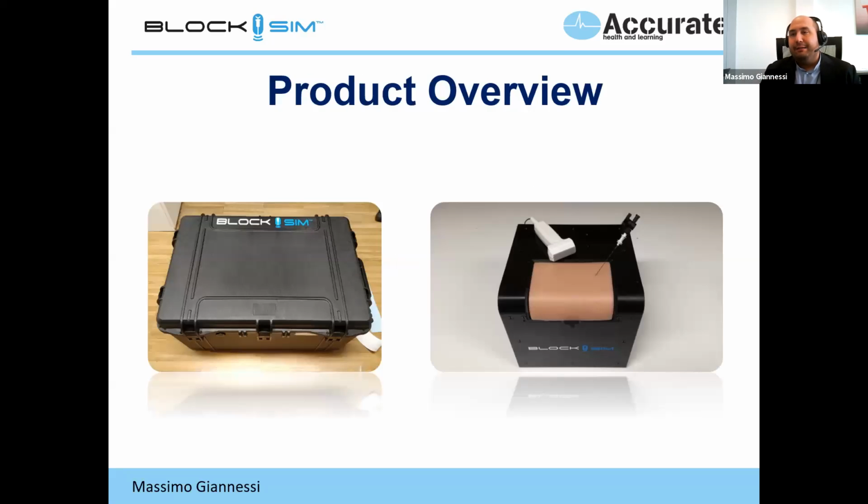Now, a little bit of product overview, and then, as you know, we'll go hands-on on the simulator. First of all, the picture on the right is the BlockSim main box, the black box with a linear ultrasound probe. You can see the real needle put on the tissue insert. Now you will see it and say, hey Massimo, it doesn't look like a human body.